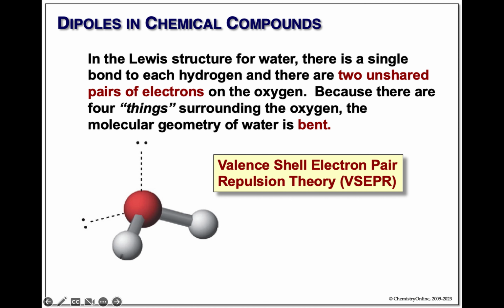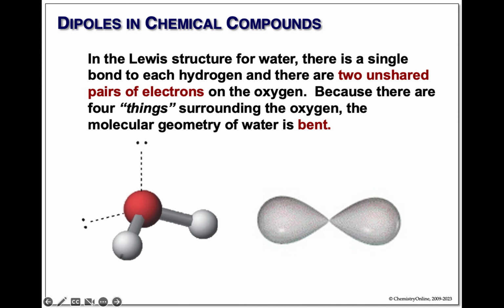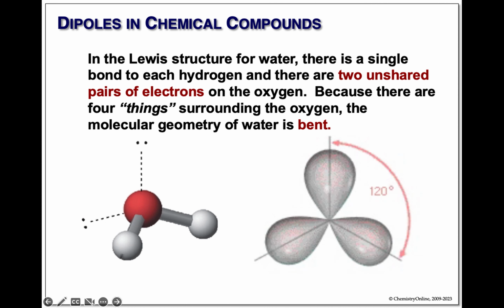This is a little video that kind of shows it. If we had a central atom right here, and we had two bonds or something, these are electron pairs, the way that these could get the furthest apart would be as if they were in a straight line, that is, linear. If we brought in a third one, we would wind up with a triangle.